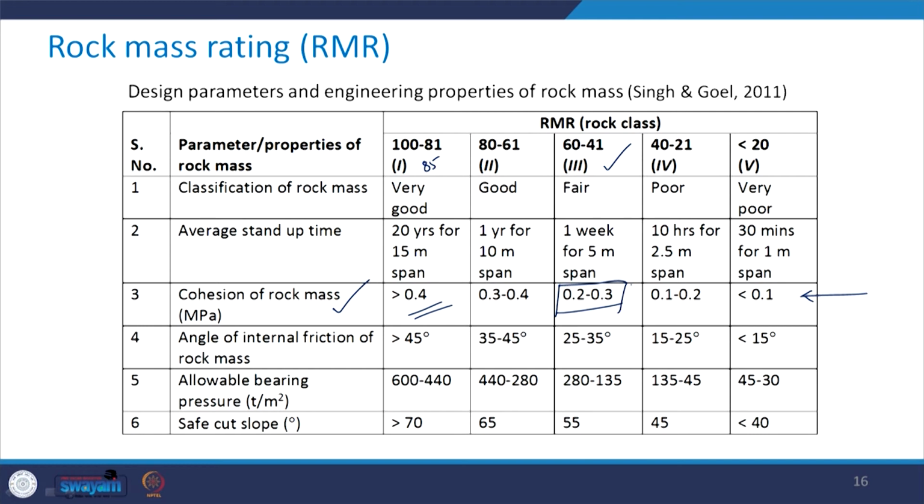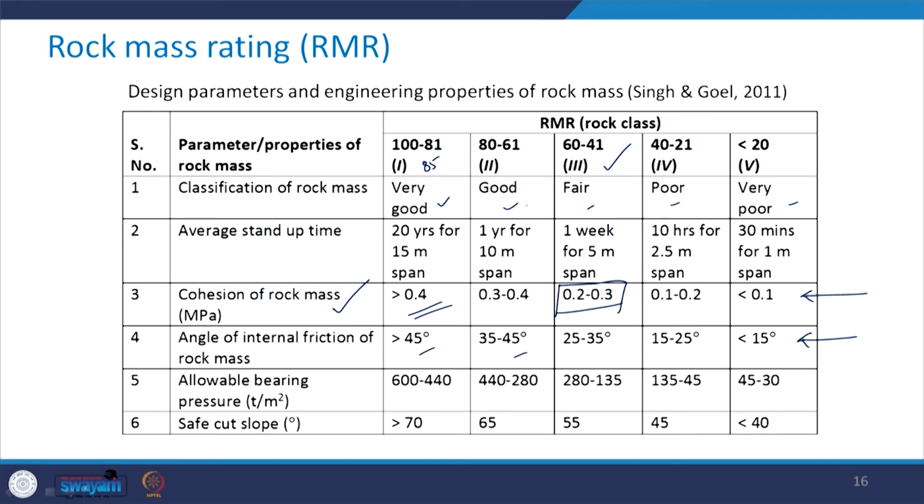Coming to the next, here is the strength parameter, which is the angle of internal friction for the rock mass. Take a look at this row where you have these values depending upon whether it is very good, good, fair, poor or very poor kind of rock mass. You have the range of the angle of internal friction.